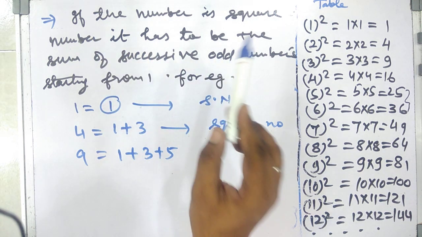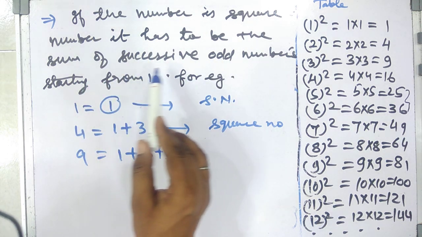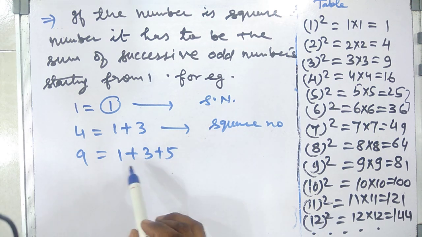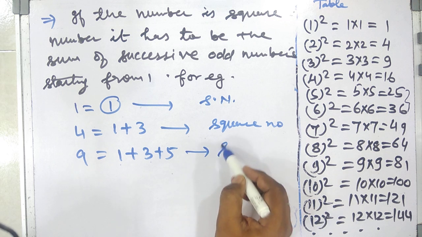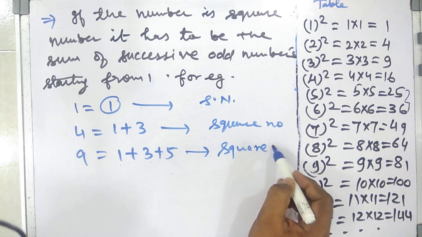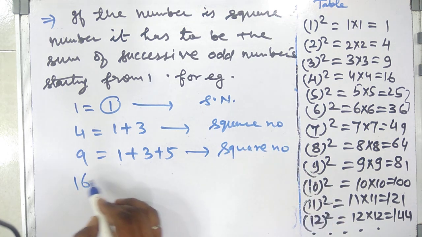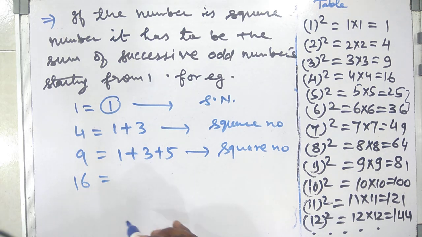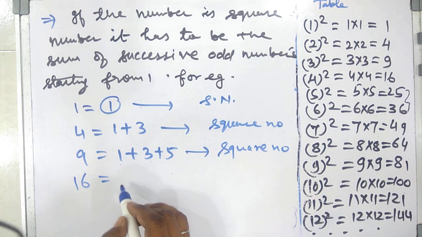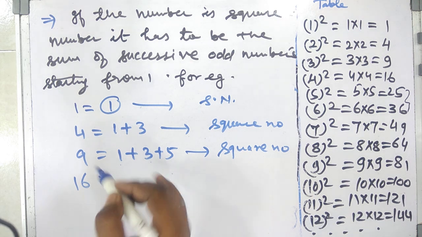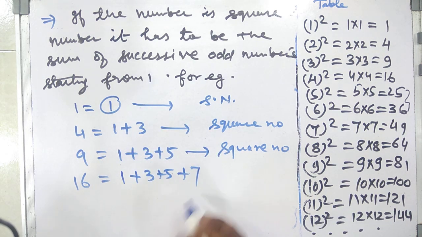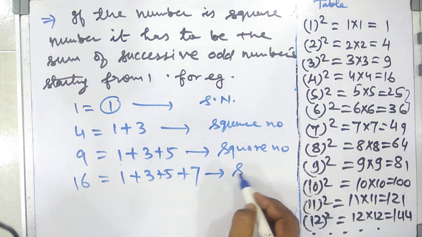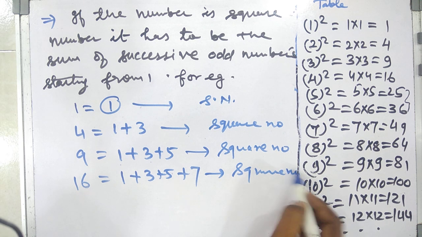So this number is also the sum of successive odd numbers starting from 1, plus 3 plus 5. So square number. Similarly 16 is also the sum of successive odd numbers 1 plus 3 plus 5 plus 7. 1 plus 3 is 4, plus 5 is 9, plus 7 is 16. So this is also a square number.